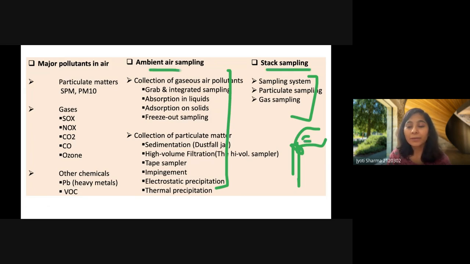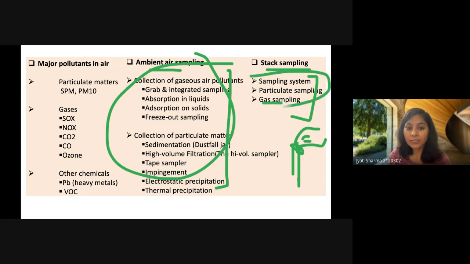And this is the ambient, so in the atmosphere what kind of pollutant we have, and if we want to collect that, we need such kind of sampling. For chimney gases, we need this type of sampling. We are not covering this right now, but we are moving to the water sampling and the analysis part.